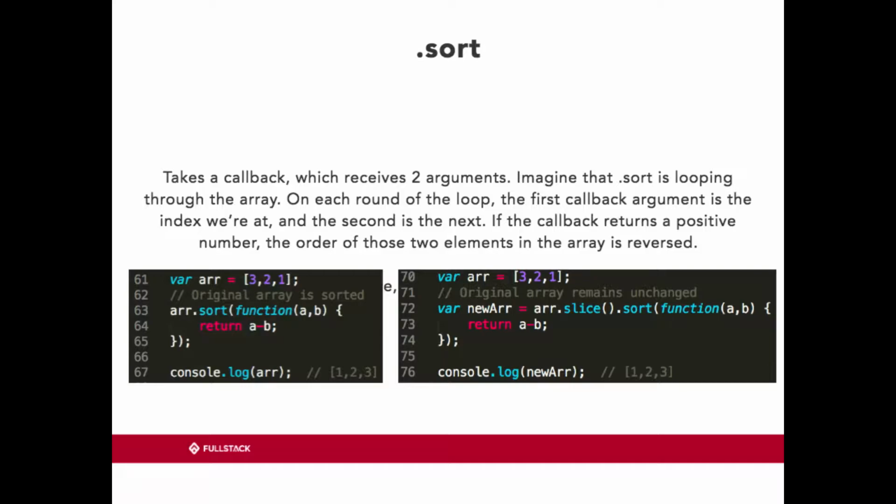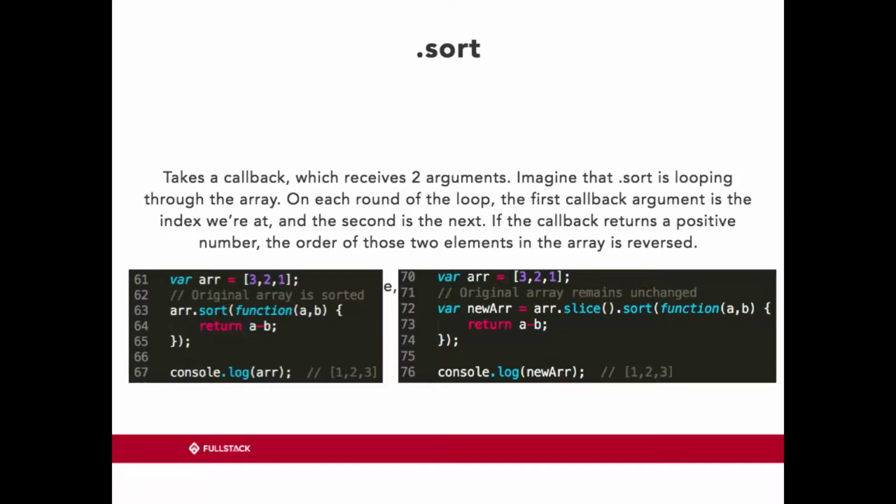Okay, the sorting function takes a callback like everything else we've seen so far, right? And that callback is going to get 2 values as well: the value of the index that we're at, and the next element that's coming up. For example, if I try to sort 3, 2, 1, assuming the array is 3, 2, 1, A is going to be 3 in this case, and then B is going to be 2.